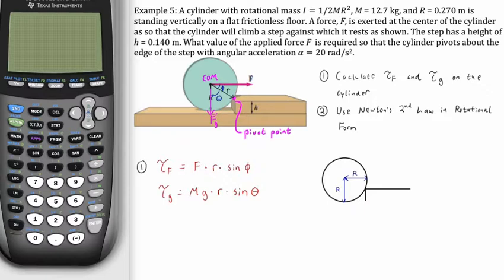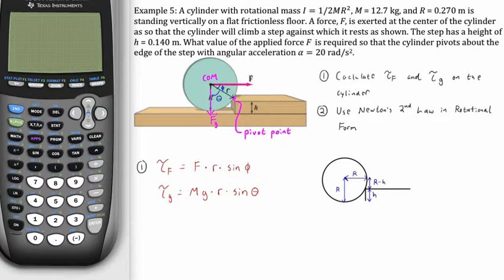So then what we want to do is make a right triangle. Okay, so we have this height here is h. And that means that this height is r minus h. Okay.